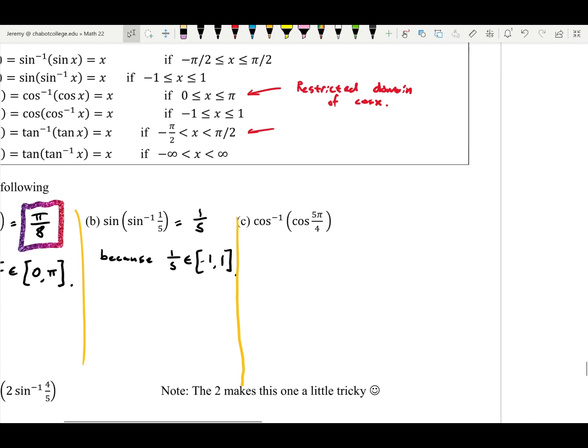Now what about this one? Cosine inverse of cosine of 5 pi over 4. This one I'm a little suspicious of.